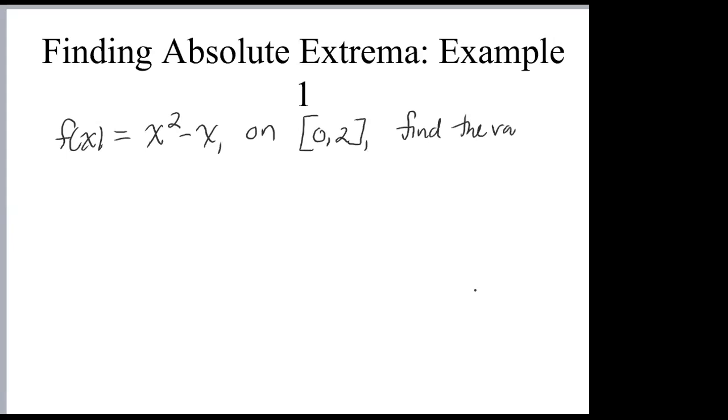If I'm given the function f of x is equal to x squared minus x, defined on the interval from 0 to 2, let's find the value and location of all global extrema.